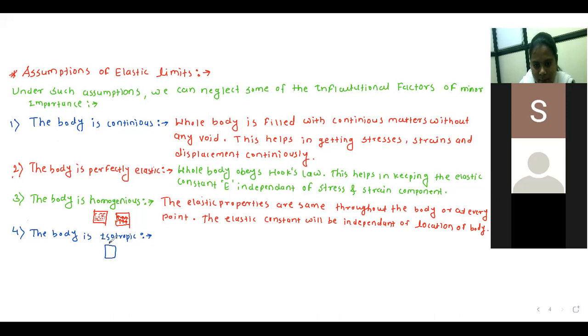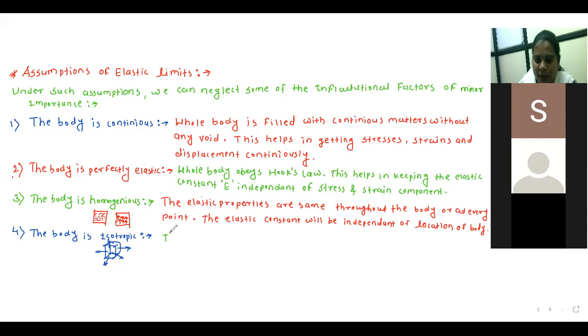Okay, good. Suppose here you have to check here, here, here, also here. The elastic properties are same in every direction. This is called the body is isotropic.